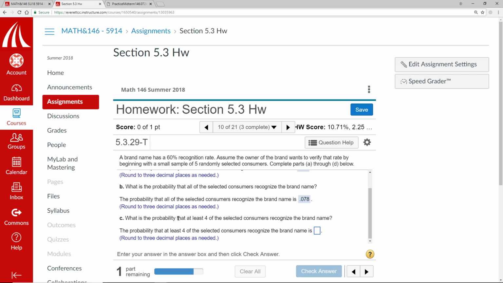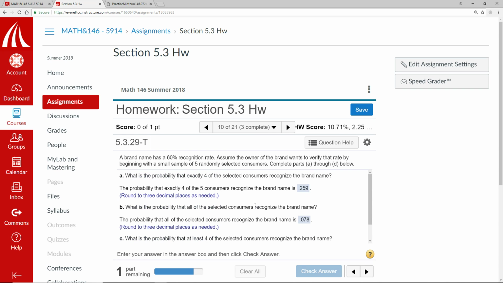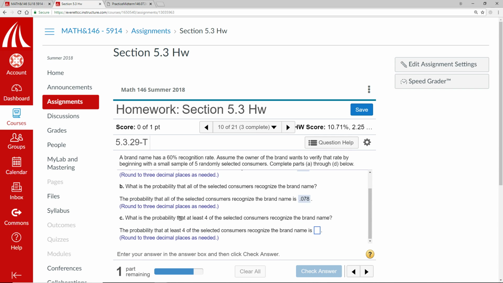What is the probability that at least 4 of the selected consumers recognize the brand name? Okay, so this is where it gets a little tricky. At least meaning 4 and 5. Now we already know the probability of 4 and we already know the probability of 5.